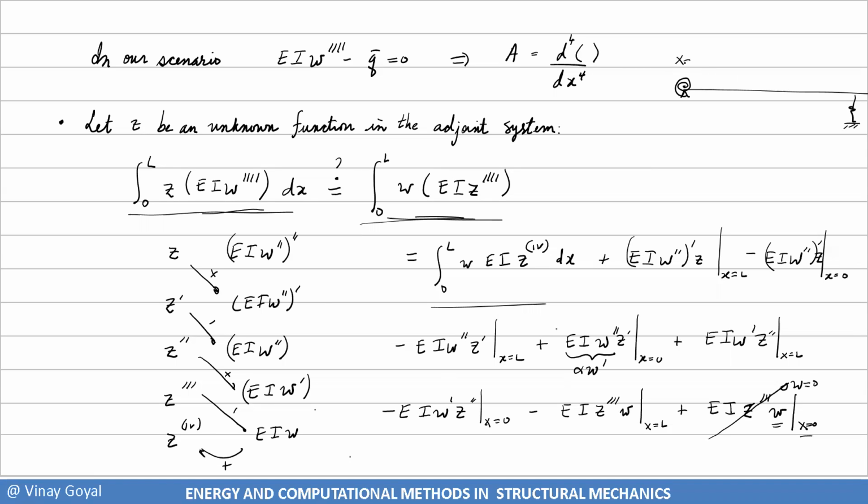So at x equals 0, definitely w equals 0 is pinned. You can see that there. So I've substituted that as it goes to 0. This is taken care of, and the remaining terms are as you see.